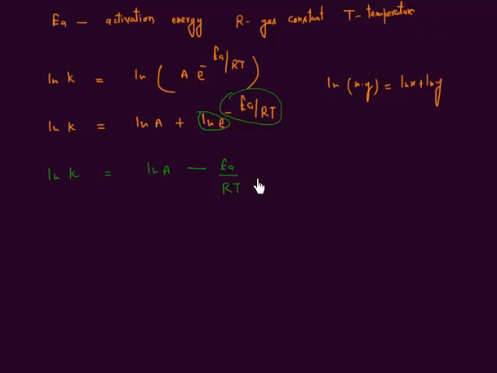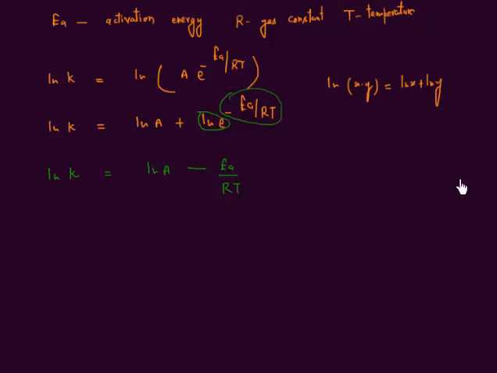And if the temperature, activation energy and frequency factor of a reaction are known, the rate constant of that reaction can be calculated. What if the reaction is taking place at two different temperatures, or in other words, if the temperature of the reaction is changed and its rate constant will also be changed.